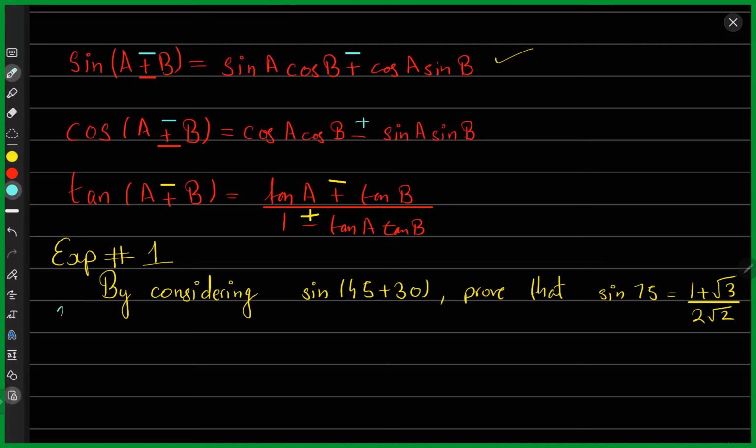All right. Let's talk about the solution of this one. So you need to prove sine 75, and for that we need to consider this, okay? So I can write it this way.